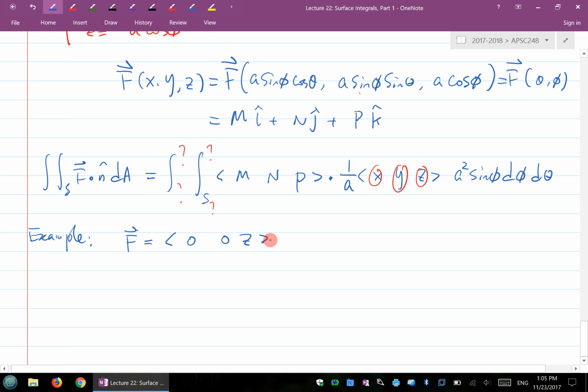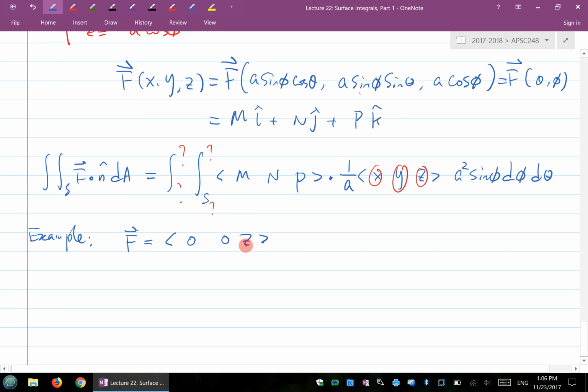Let's say I have a vector field F equal to 0, 0, z. If you're trying to visualize this vector field in your head, it always points in the z-axis direction, and as you move farther from the origin, z becomes a bigger value, so the vector has a bigger magnitude.